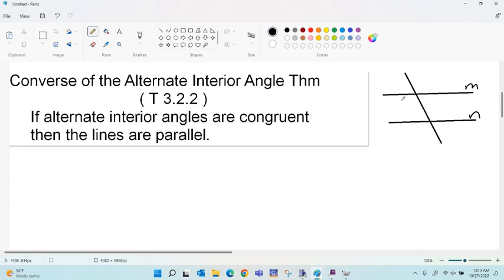Okay, so alternate interior angles are congruent, so here would be some alternate interior angles. So what kind of a statement would we make? What would be our if-then statement that goes with this picture that we just drew? If what, then what? What do you think, Shane?